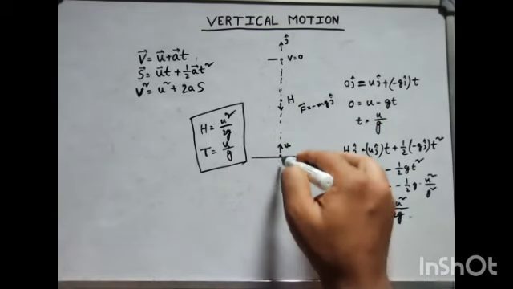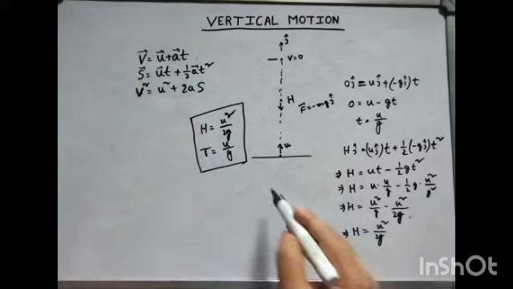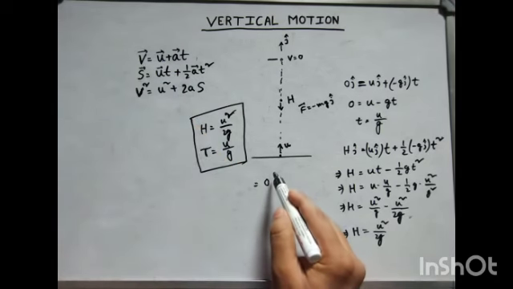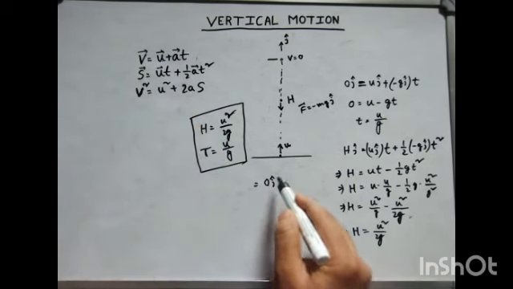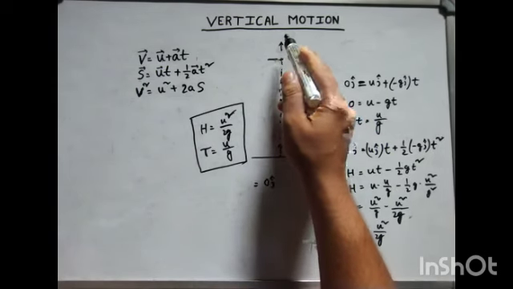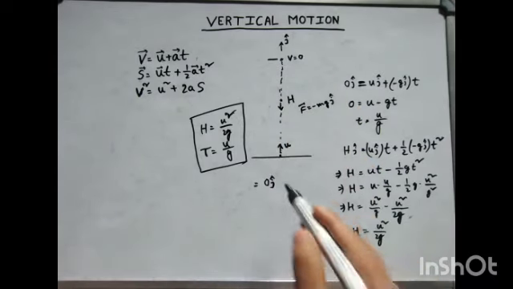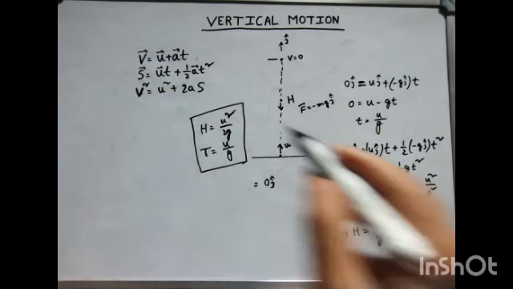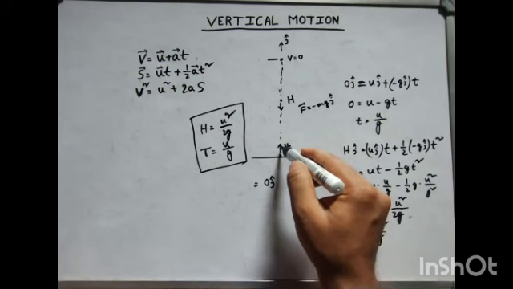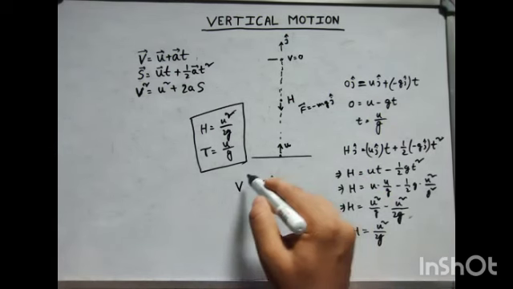The ball is coming downwards now, so the initial velocity u will be now 0 j cap, because this velocity is still upwards, and now it will be falling down. So the final velocity, which I don't know, we'll take as v.